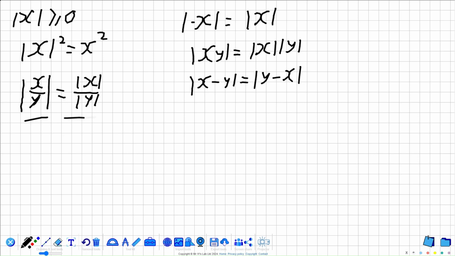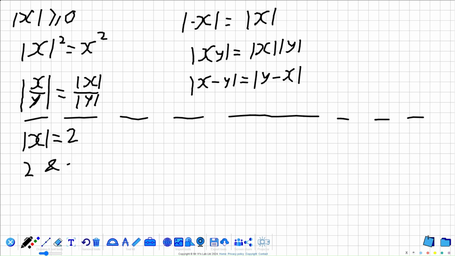Just looking at a really basic example, to get an idea of what we'll be doing: if we had mod x, and let's assume that this equaled 2, then it would be safe to say that the value of x could be both 2 and negative 2.